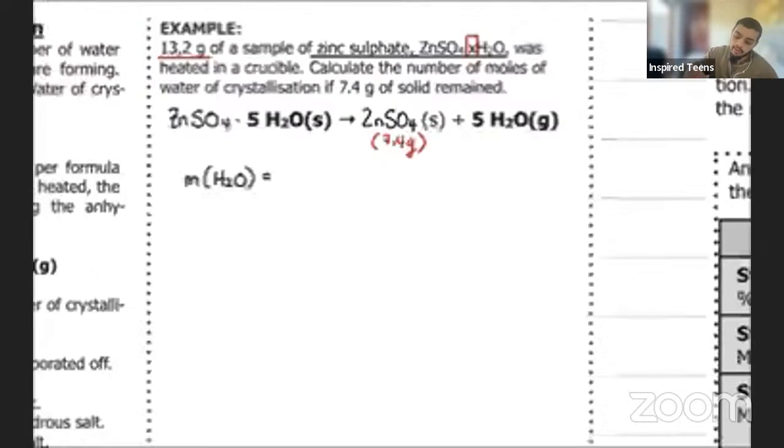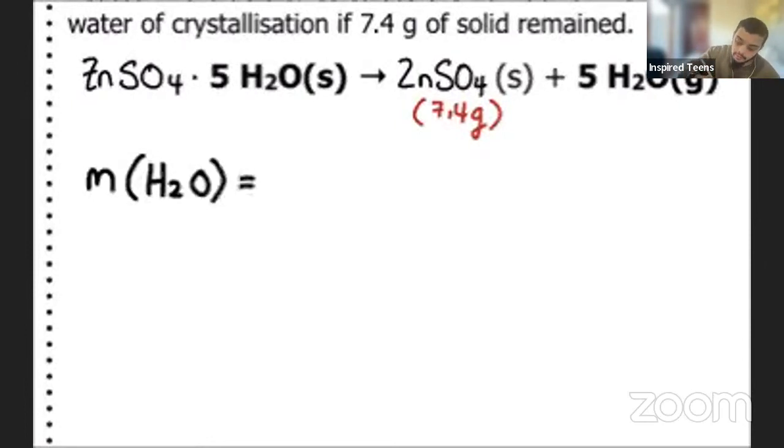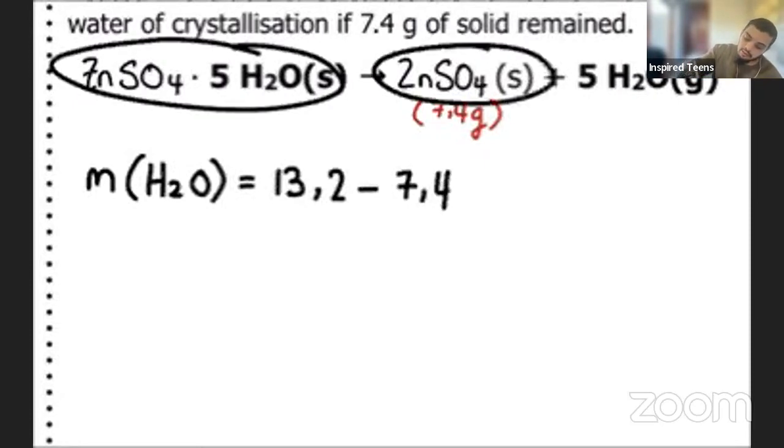So the mass of H2O, we can actually do this. One second. Okay, I just want to make it bigger so that you guys can see it in case it's blurry. We need to calculate the difference between 13.2 and 7.4. So this is 13.2, this is 7.4 grams.